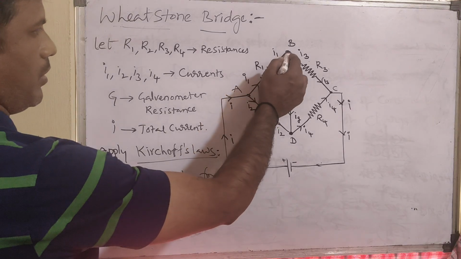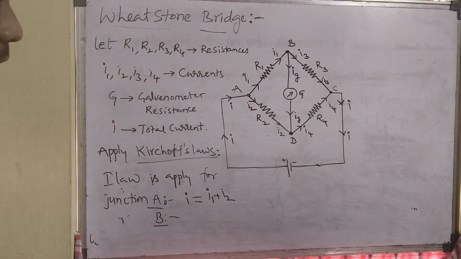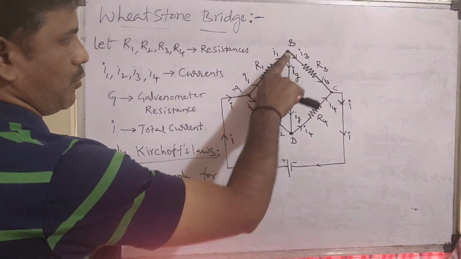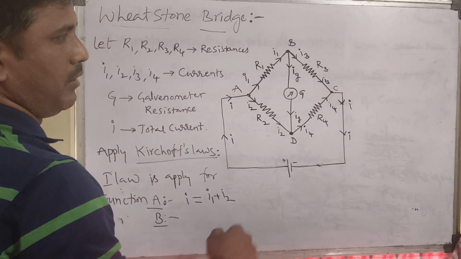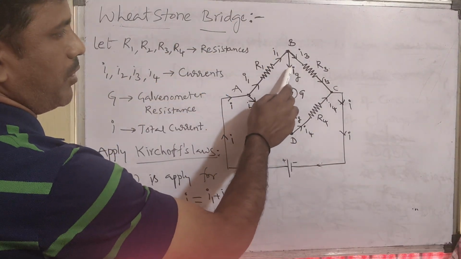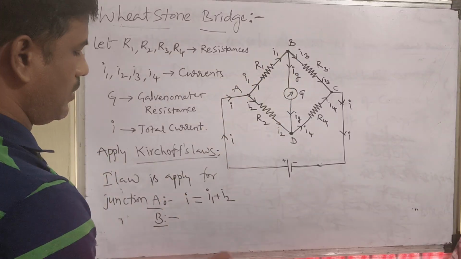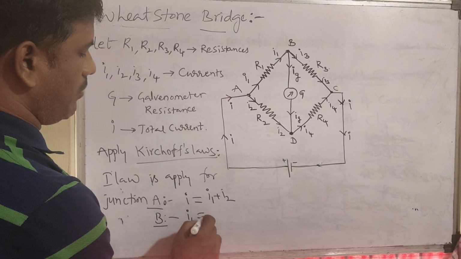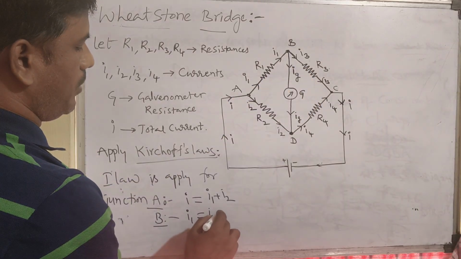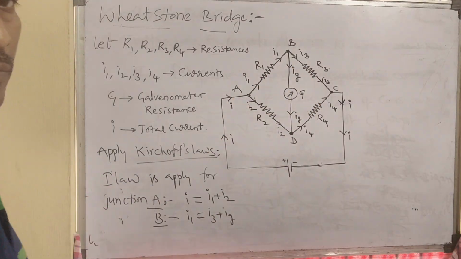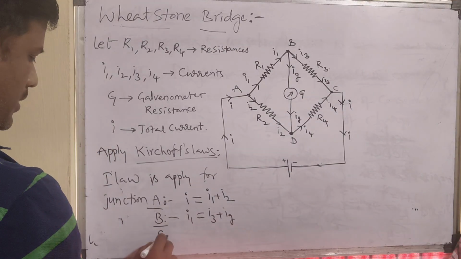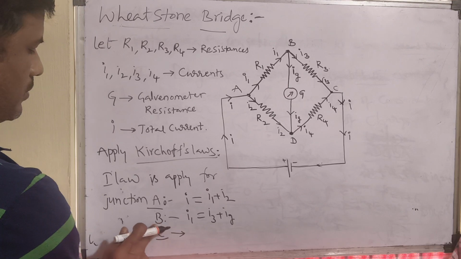Observe junction B. What current is entering? Observe the arrow marks.